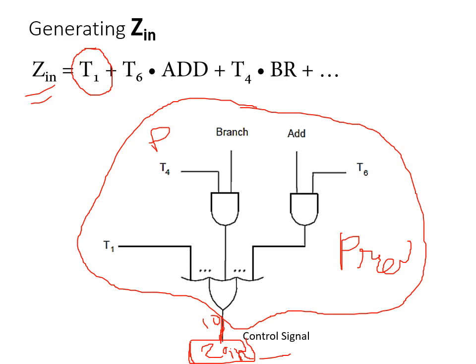Then if it is an add instruction, at clock cycle 6 ZIN must be activated, that control signal must be 1. At a branch instruction, at clock cycle 4 ZIN must be 1, means ZIN should be physically executed.